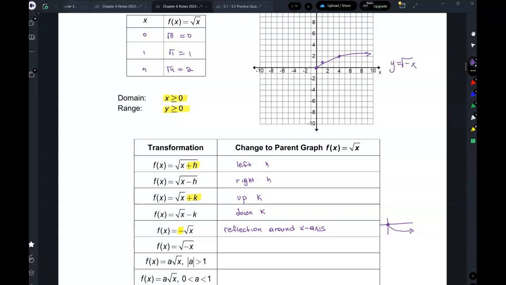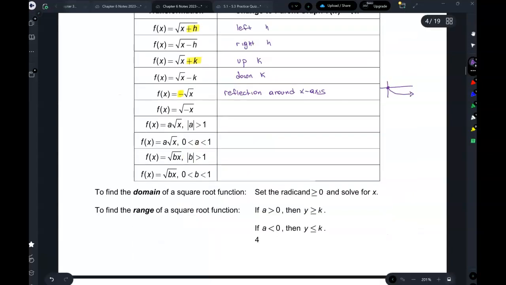Yeah. Can I plug in any negative numbers for x? Yes. So this will only exist for the negative numbers. That's how it's a reflection around the y-axis. And when you graph it, take a look at how this will look.